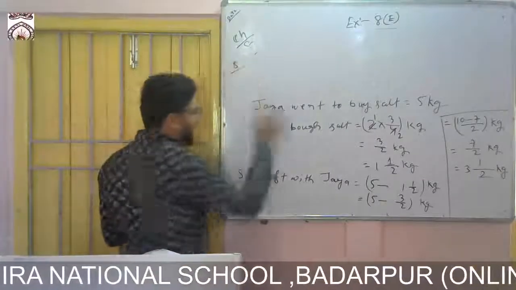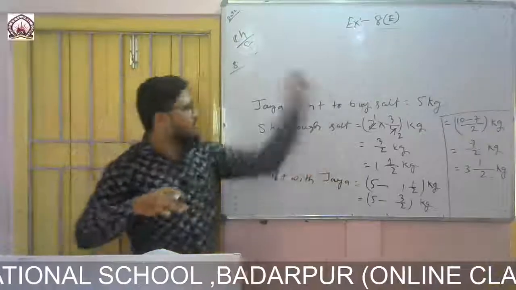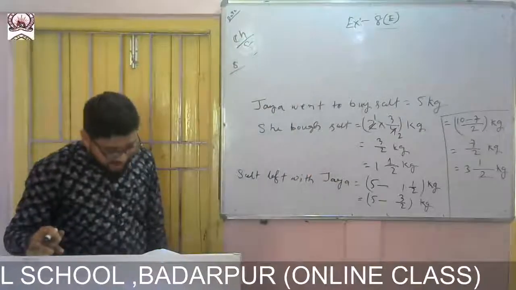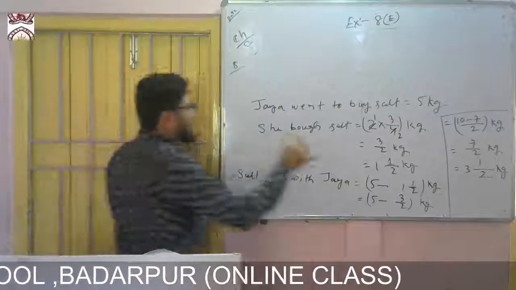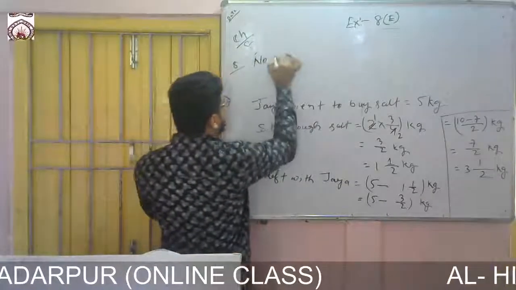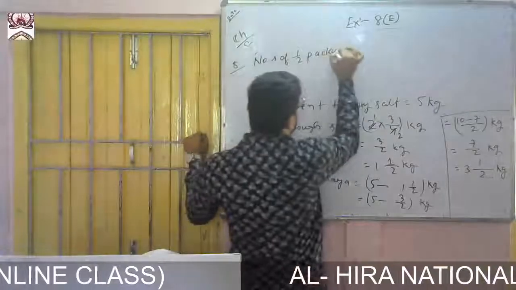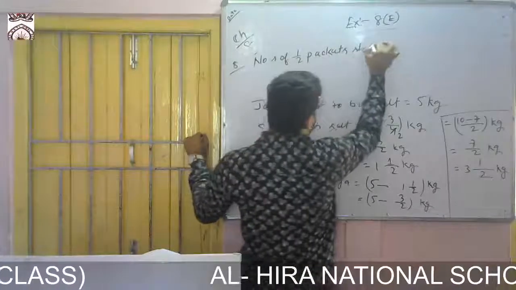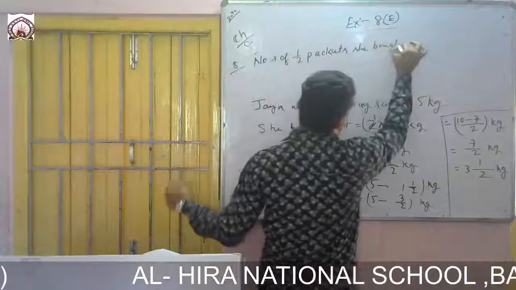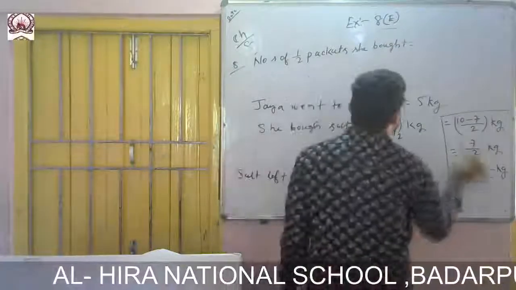Now write here. How many half kg packets did she buy? So write: number of half packets she bought equals this one divided by half.